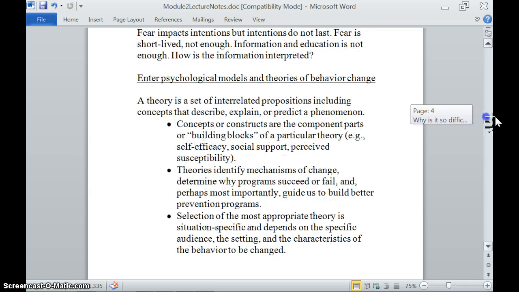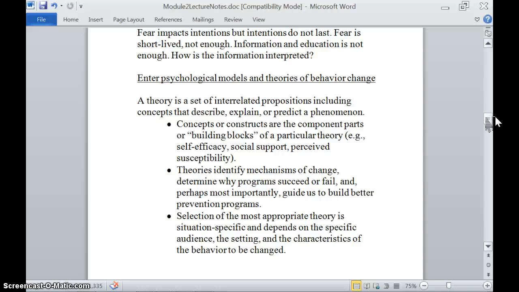I know some people roll their eyes when they hear about or have to read about psychological models or psychological theory, but theory did come into the picture in health psychology because of the limitations of the more descriptive, surface-level approaches. And again, I'm not going to get into all of the aspects of theory, but theory is a set of interrelated propositions, including concepts, that describe, explain, or predict a phenomenon.